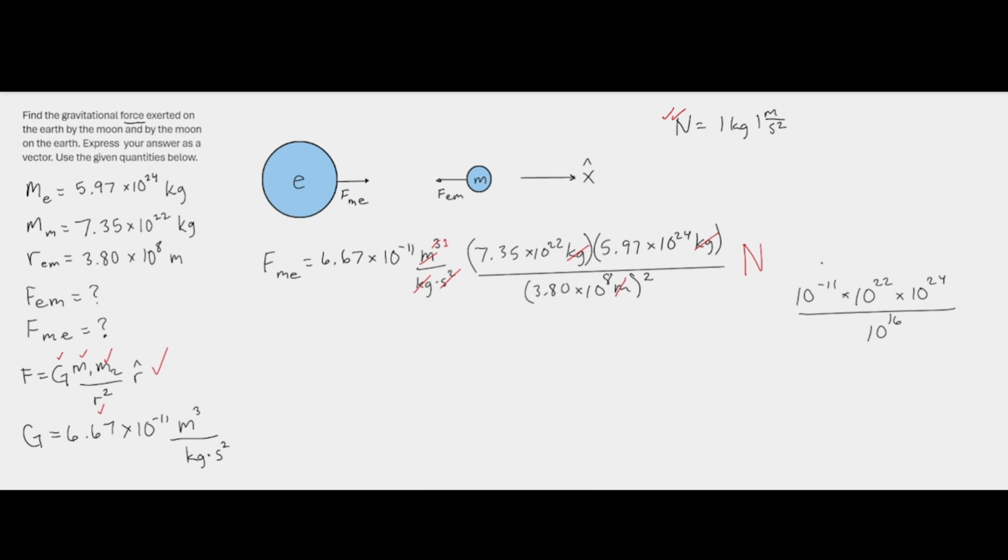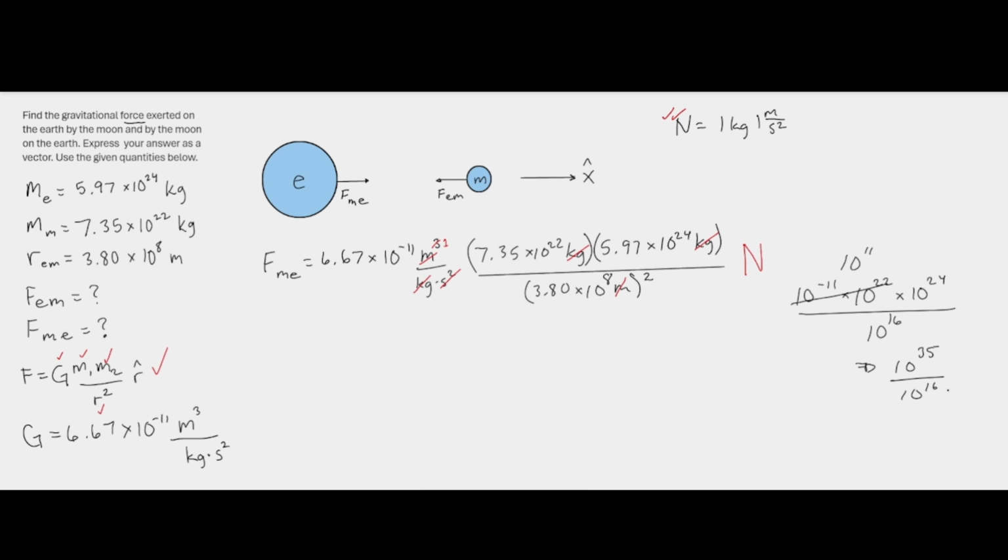So we have here a 10 to the negative 11th times a 10 to the 22nd. These two are actually 10 to the 11th. So I've just added a 22 and a negative 11. That gets me a 10 to the 11th. So then this becomes 10 to the 11 plus 24 is 10 to the 35 over 10 to the 16.